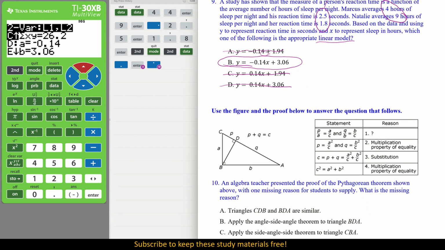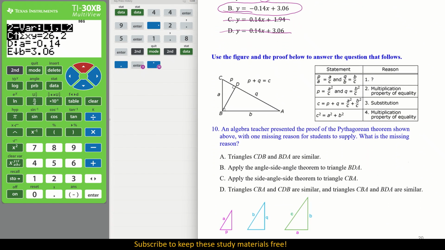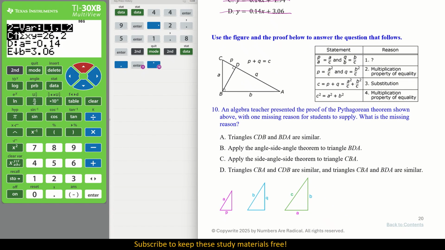All right, let's look at number 10. Now, number 10, the colored triangles at the bottom, those are added from me. Just something to help you see it all come out. Okay, so let's read this. Use the figure and the proof below to answer the question of the following. So let's look at the triangles.